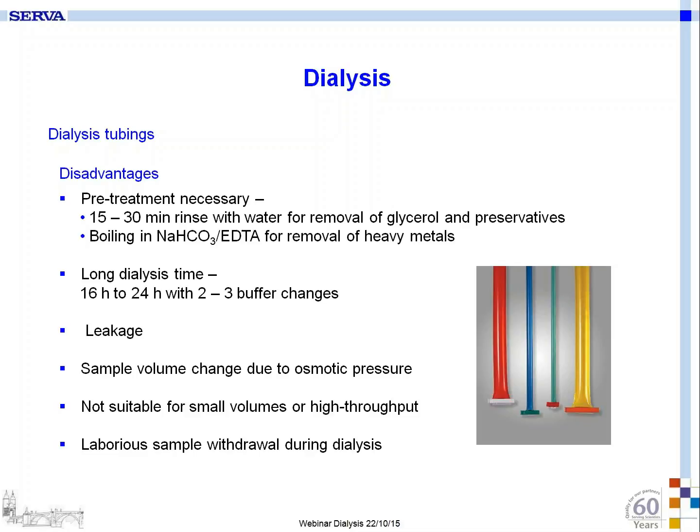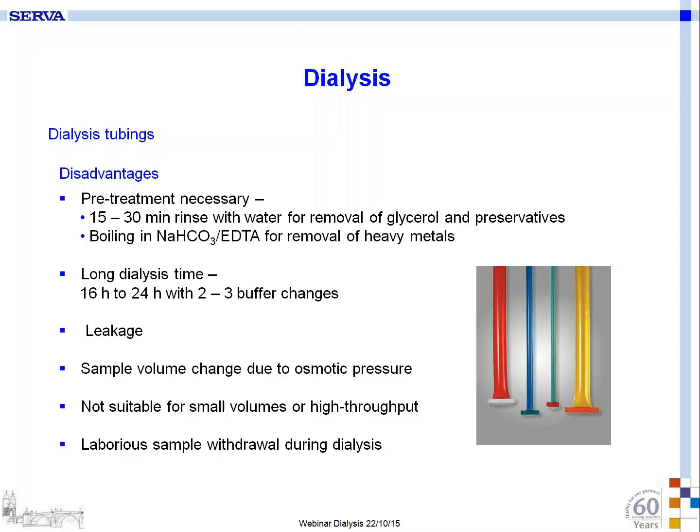They are more prone to leakage, especially at the ends where you need closures to seal them. And if you use very long dialyzed tubings, when you stir them, it could happen that they get small leakages because they might be in contact with the stirrer and get damaged.